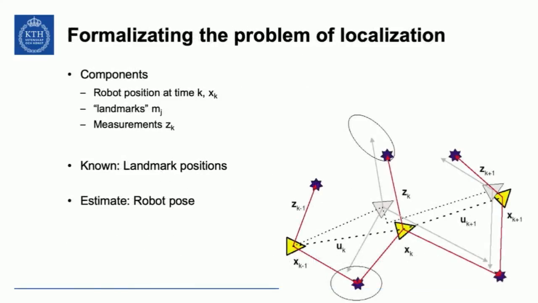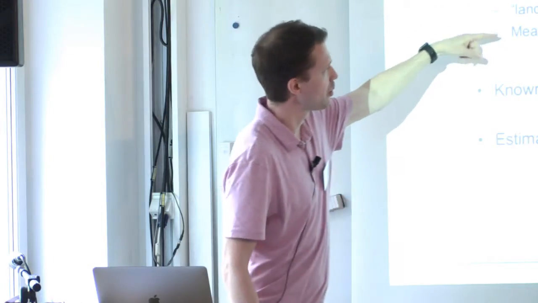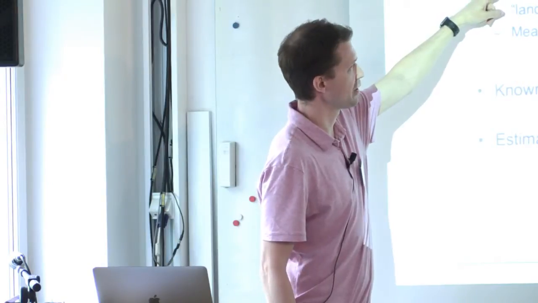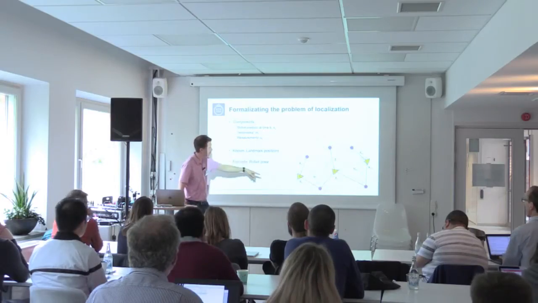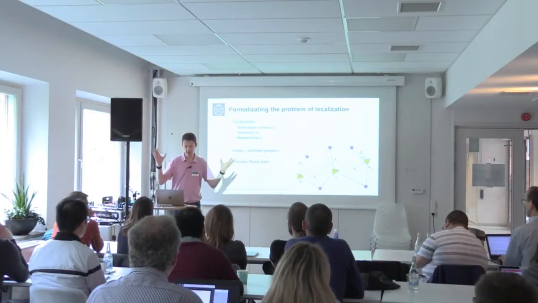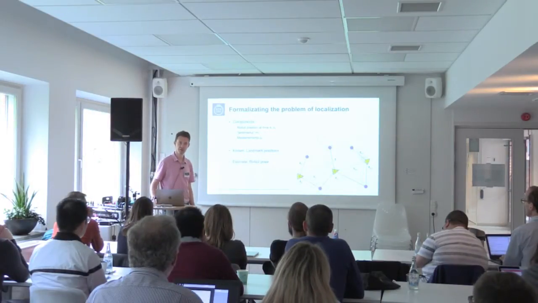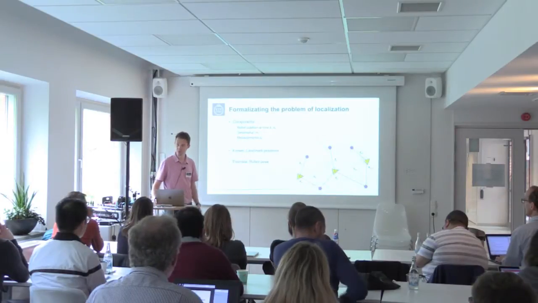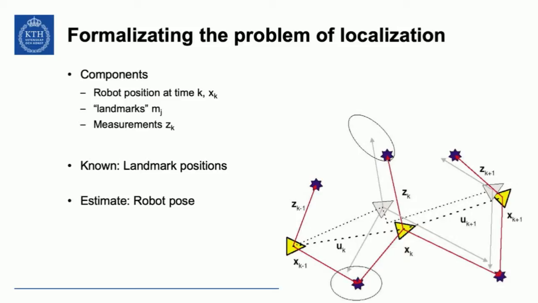So localization. The components in the problem here: our robot position, which we're trying to solve for. So this is X in the picture here. We have some landmarks that would be things in the environment that I know the position of. If it's a GPS system, it would be the positions of the satellites.